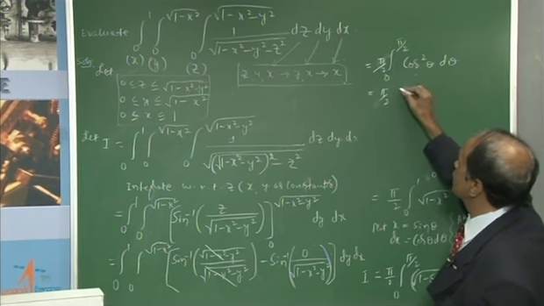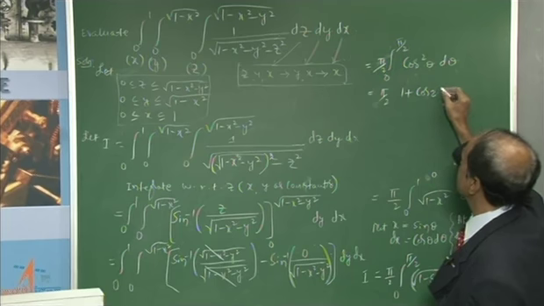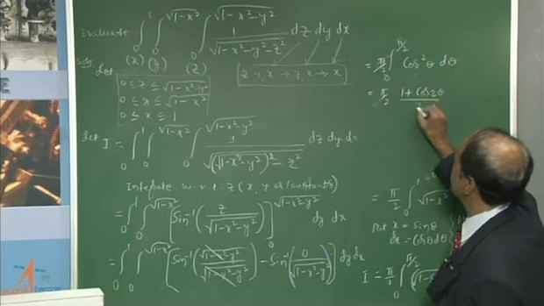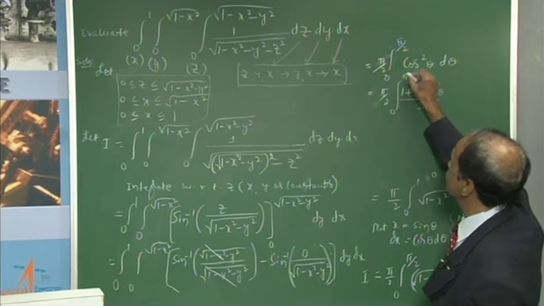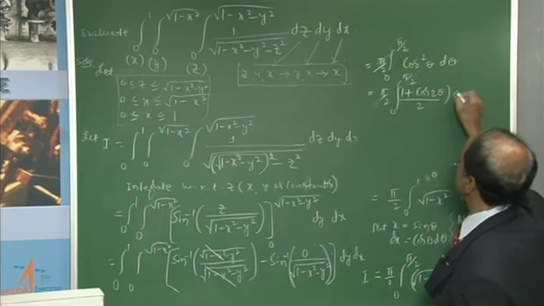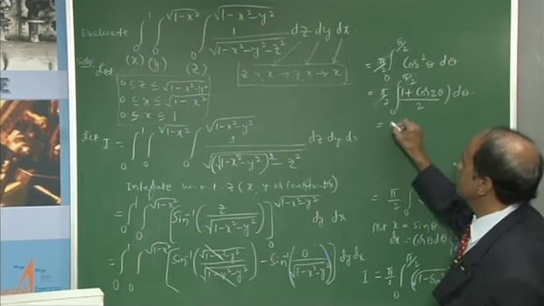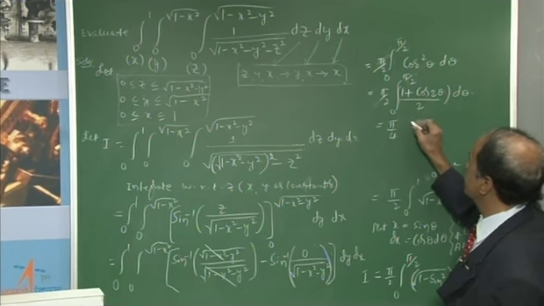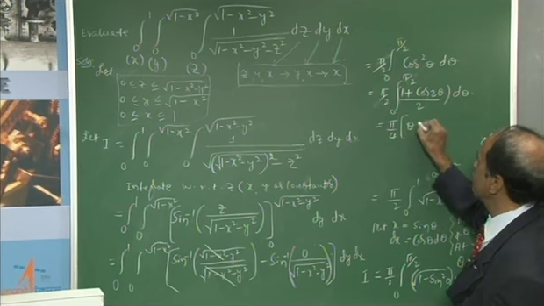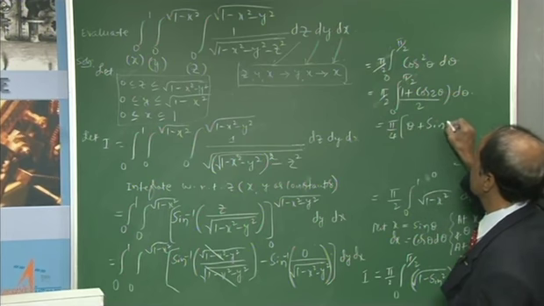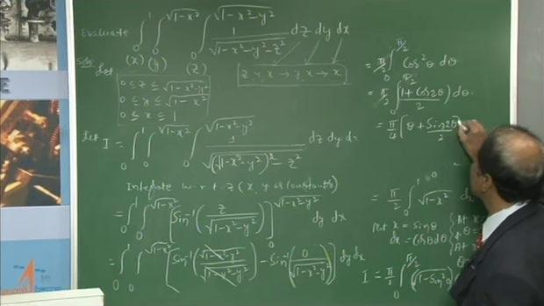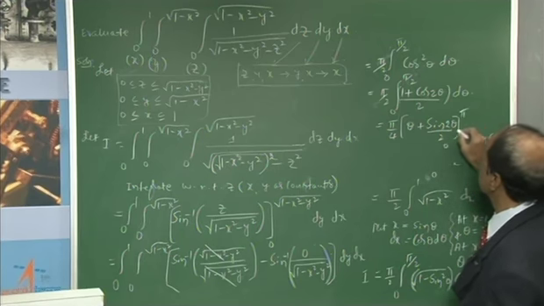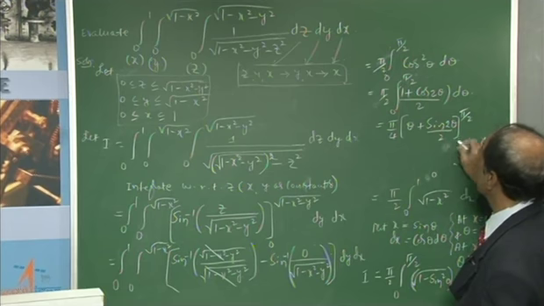Then 1 plus cos 2 theta, in place of cos square theta you can write, divided by 2 for the integration 0 to pi by 2, then it is d theta. So pi by 4, and the integration should be theta plus sine 2 theta divided by 2, carrying the limits 0 to pi by 2.